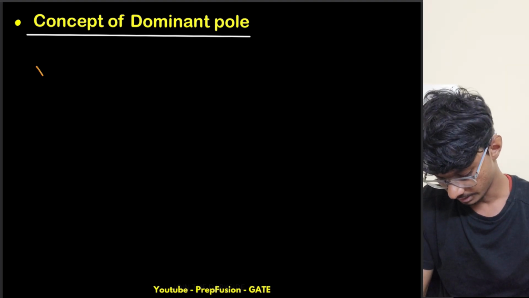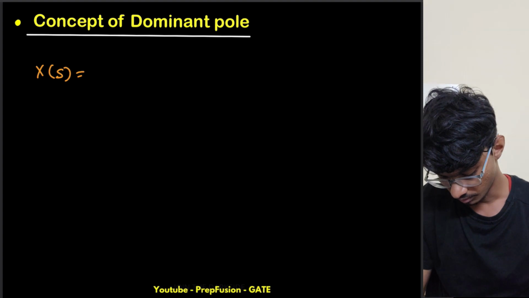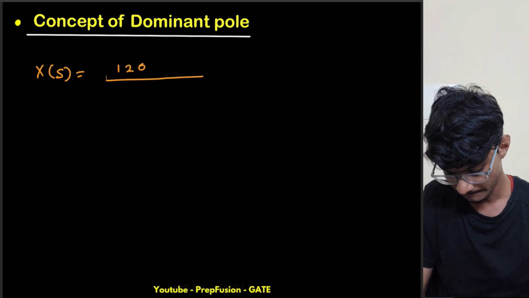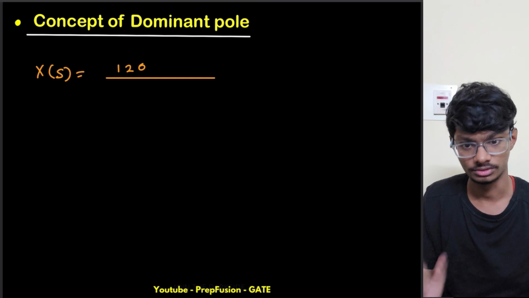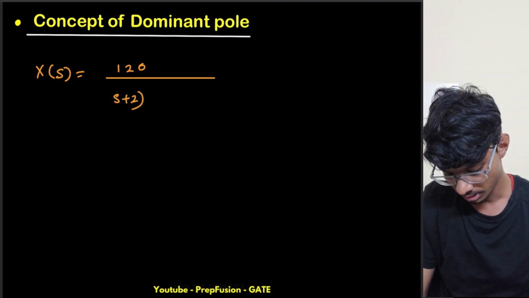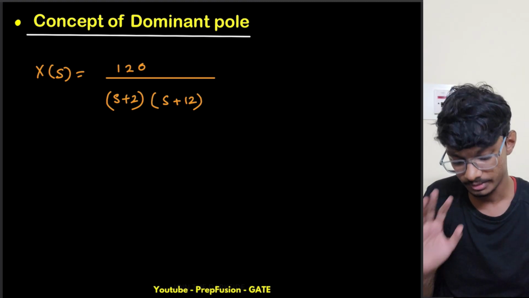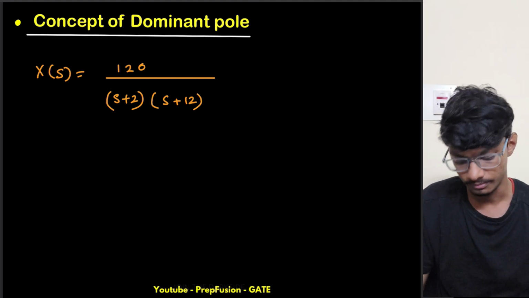Transfer function, let me take X of s equals 120. Now we have two poles, right? One is at s equals minus 2, another is s equals minus 12. So let me draw the pole zero diagram, the s plane.